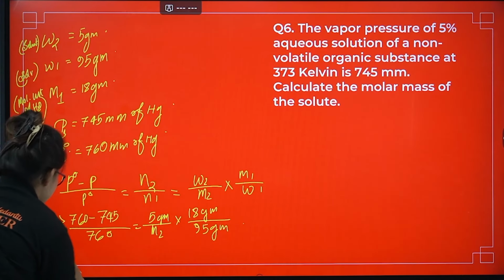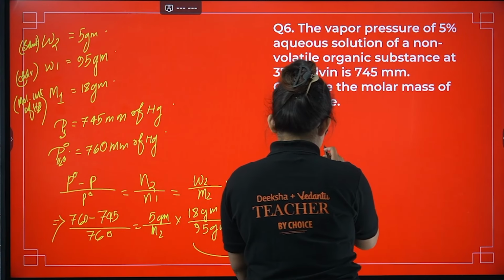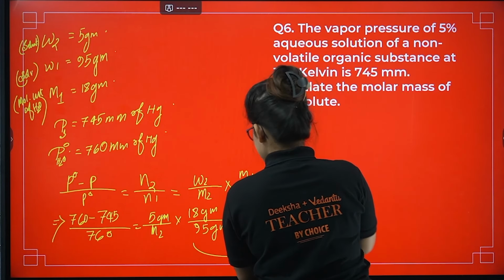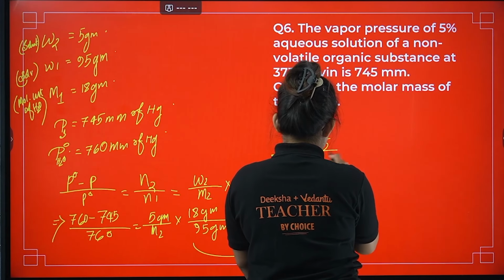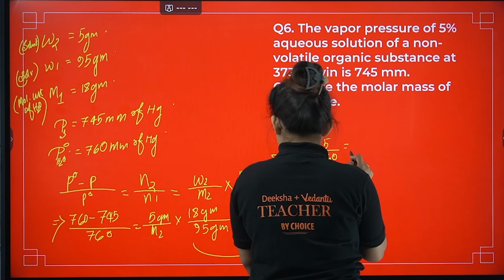Calculating further, we get 15 divided by 760 on this side.